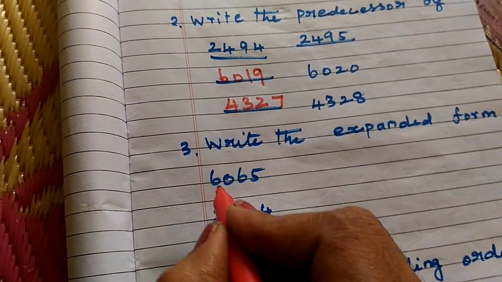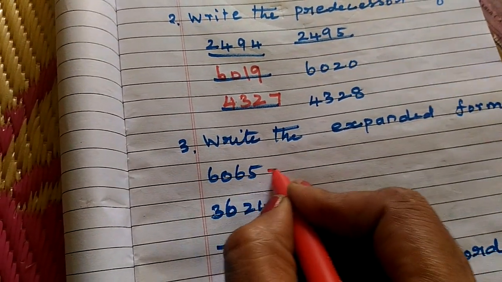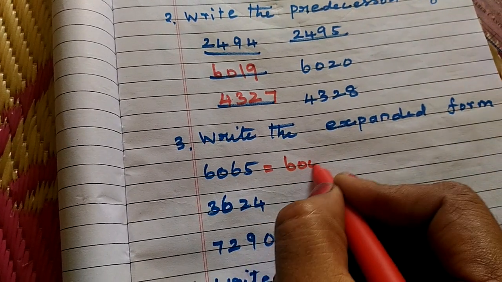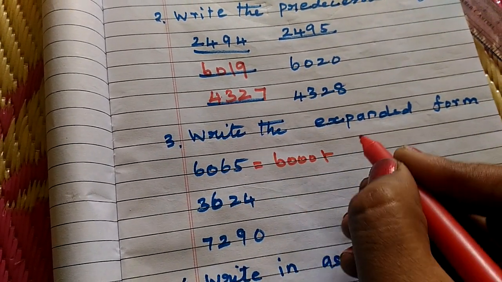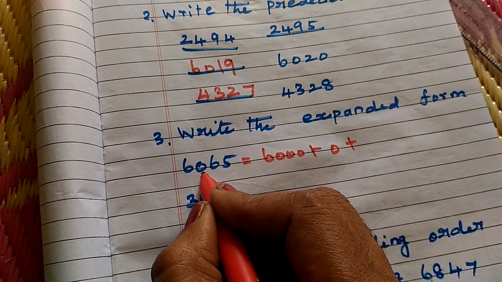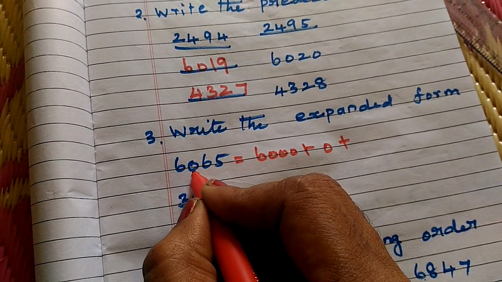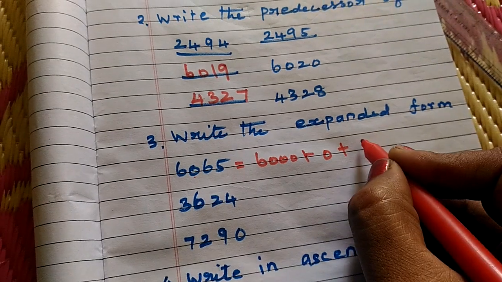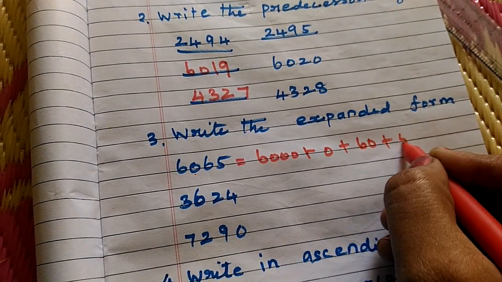Write the expanded form. See here, 6065. 6000 plus 0 in the hundreds place, plus 60 plus 5.